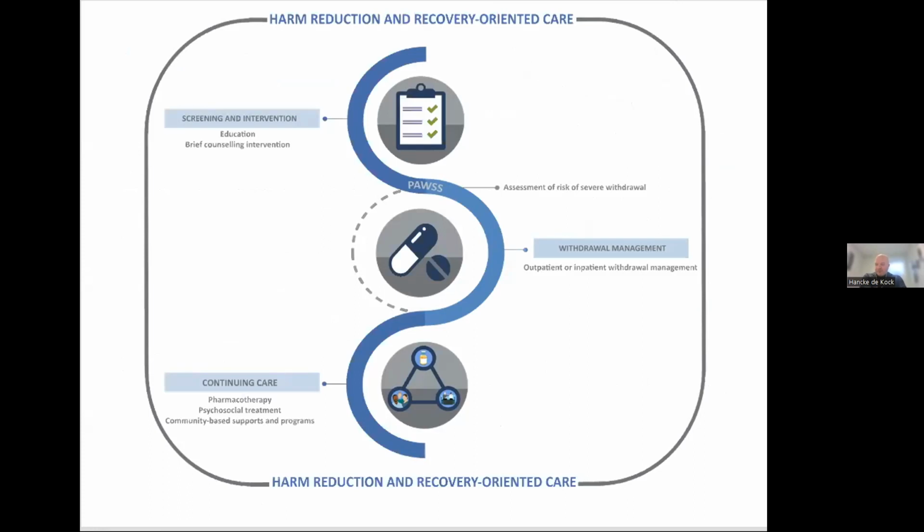Individuals who screen positive for high-risk drinking but do not have AUD are administered a brief counseling and intervention, but individuals who have AUD are assessed for the risk of alcohol withdrawal and will have a care plan tailored to outpatient or inpatient withdrawal management. And this is the topic of today's presentation. We're going to use the Prediction of Alcohol Withdrawal Severity Scale, or the PAUSE scale, and that will be discussed in further detail later on in the presentation.